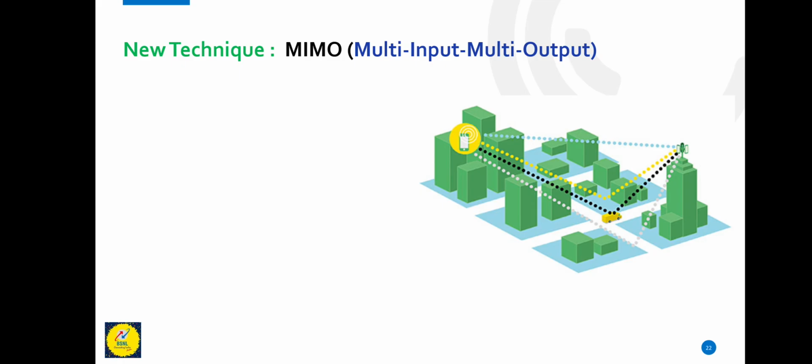And the main concept used to enable higher data speed download is MIMO, that is multiple input and multiple output, wherein multiple antennas are used both at the BTS as well as in the cellular phone also. To have multiple antennas in the cell phone, the antenna size has to be very small, and also to have higher speeds, high frequencies are used.